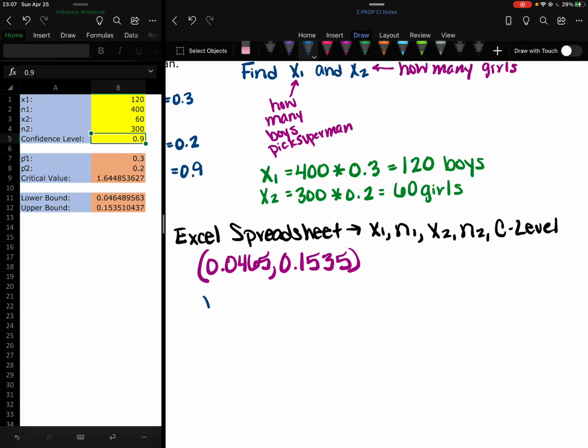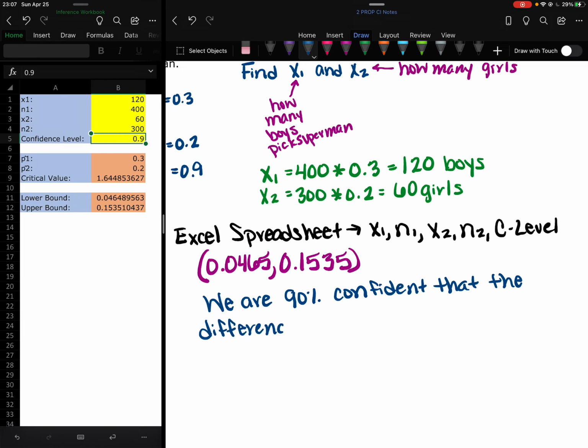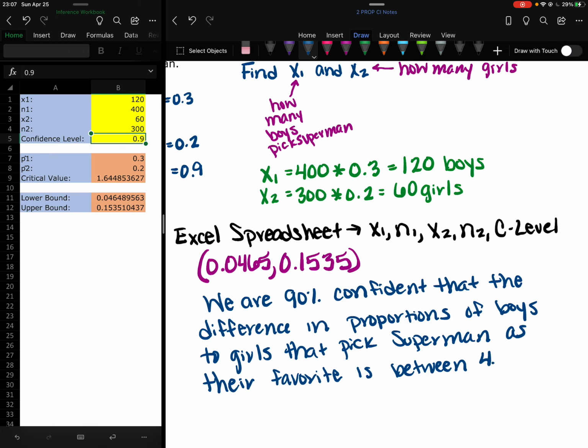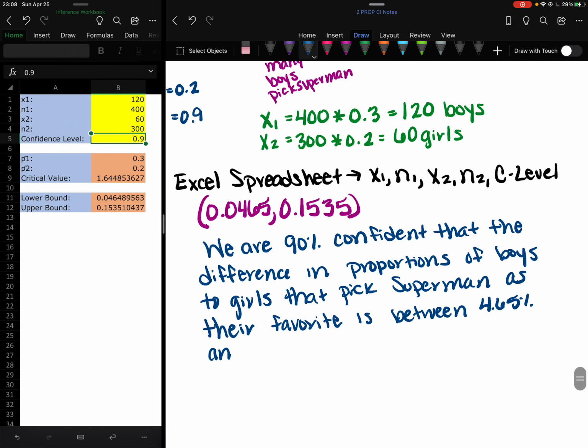Well, literally, it means we are 90% confident that the difference in the proportions of boys to girls that pick Superman as their favorite is between 4.65% and 15.35%.